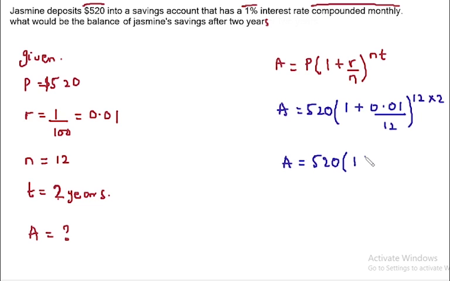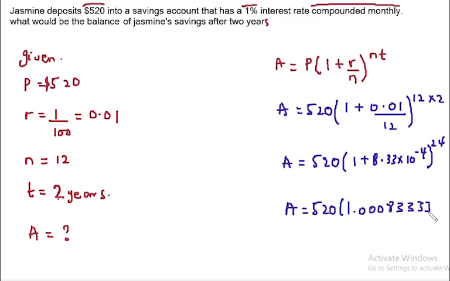A is equal to 520. Then we have 1 plus 0.01 divided by 12, which is 8.33 times 10 to the power of minus 4. 12 times 2 here is 24. If we add up what is inside the bracket, that's equal to 1.00083333. And then we have close bracket to the power of 24.